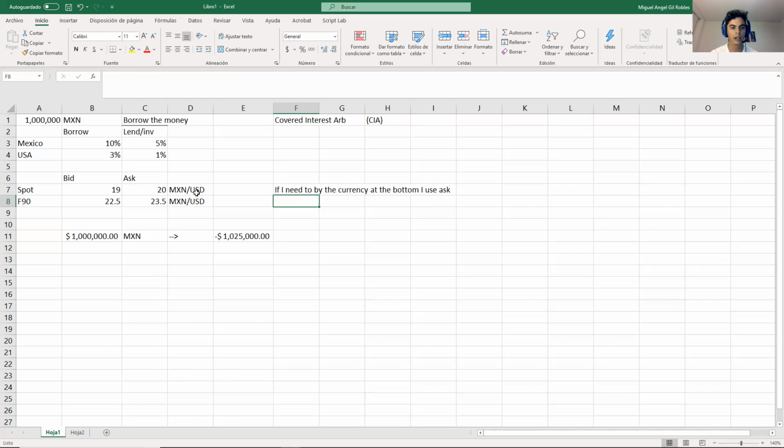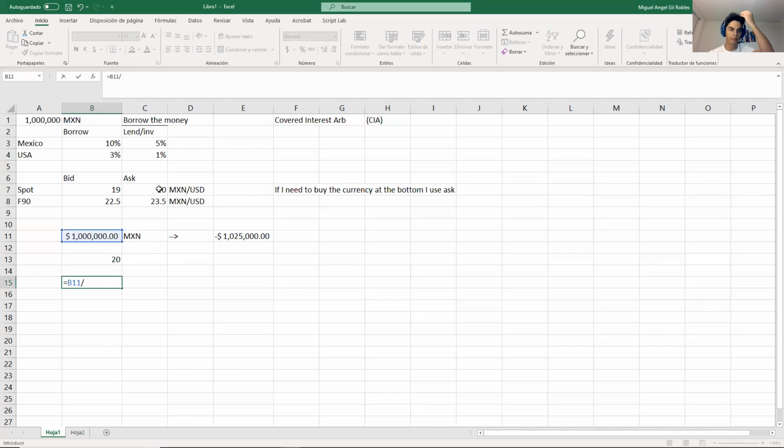I need to buy the currency at the bottom, which is dollars. That's why I will have to use ask. I hope this is very clear for you, because this is critical through the whole course. And then divide or multiply? The exchange rate is pesos over dollars. I have pesos on top and pesos on top in the rate. That means that I have to divide. So this over this gives me $50,000.